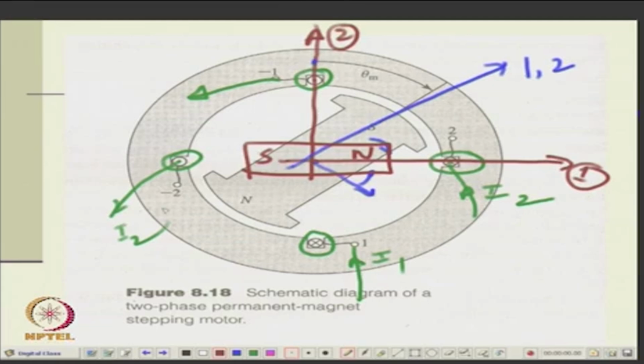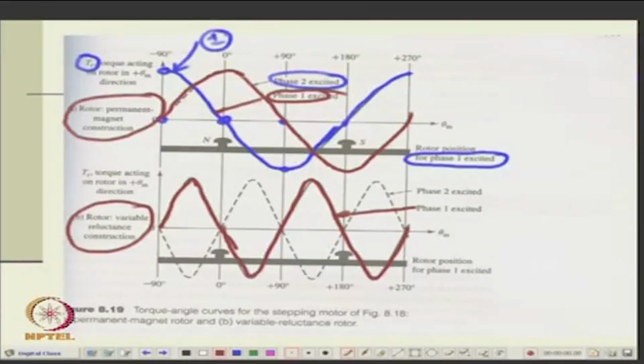A variable reluctance rotor is not magnetized, right. So, it can be attracted to either SN or NS. The rotor is a dead bar which can be attracted to the stator field, whether it is at 0 degrees or 90 degrees or theta or theta plus 180 degrees, the same. So, whatever the torque is at any position, after 180 degrees it will be the same torque, whereas in the PM case, after 180 degrees the torque will be opposite.